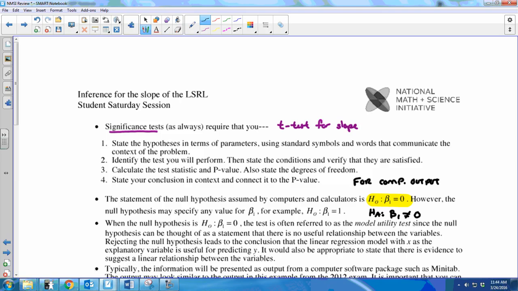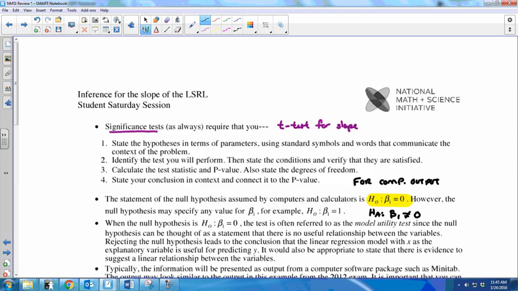Now, your test might be that you want to see an increase or decrease. You want to see greater than or less than 0. In which case, you need to look at the p-value and make some adjustments. We're going to do an example of that in a second. But know that the computer output did it based on the fact that they're saying it's equal to 0 and then not equal to 0. Just keep that in mind. We're going to do an example where it's different, but just know that's what's happening in the computer output.